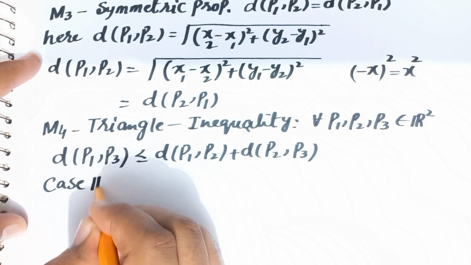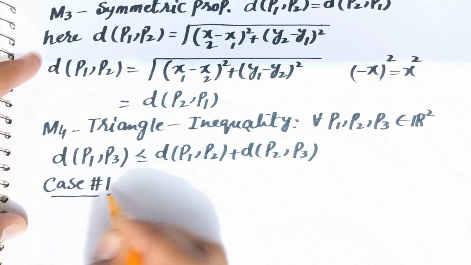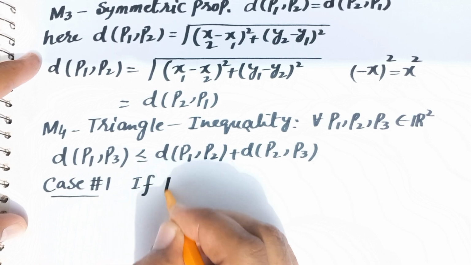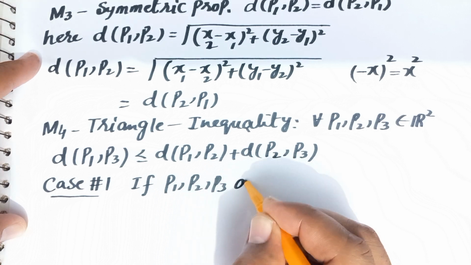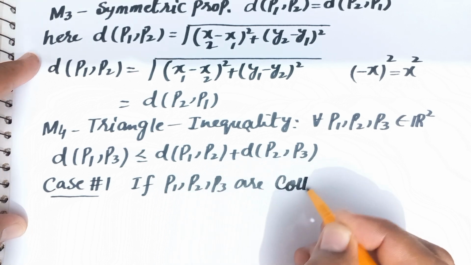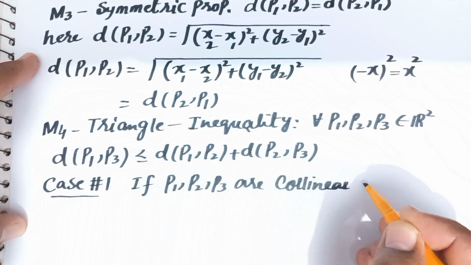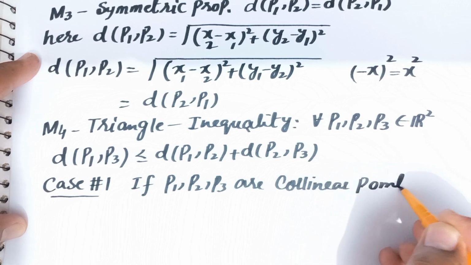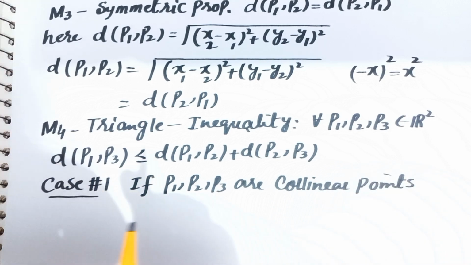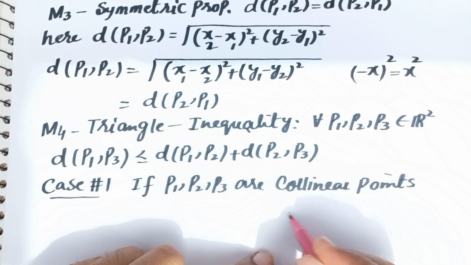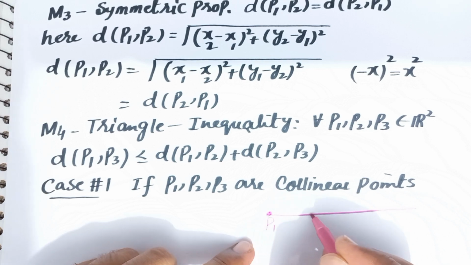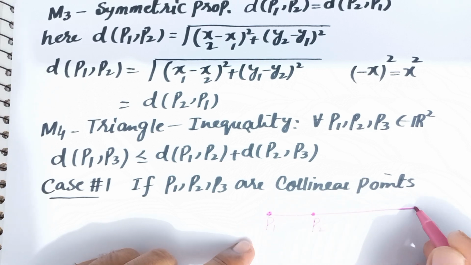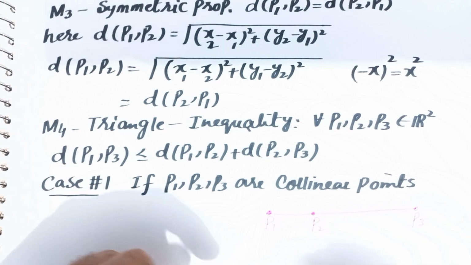Case number 1, if P1, P2, P3 are collinear points. As you know, collinear points are those points that lie on the same line. So if these points are collinear, they will lie on the same line, like this is your P1, this is your P2, this is your P3.